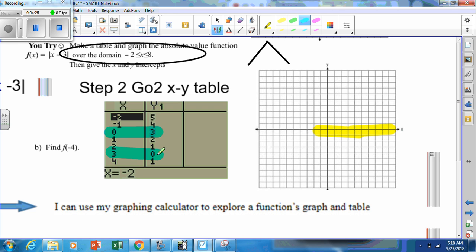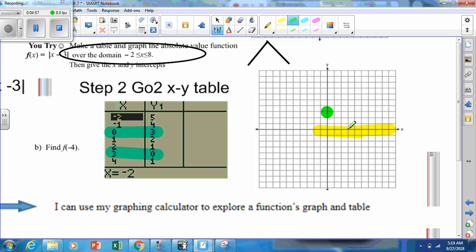X is 0, Y is 3. 1, 2, 3. All right. Here we are. Now X is going to be 3. I'm looking for Y. 1, 2, 3. There's Y.